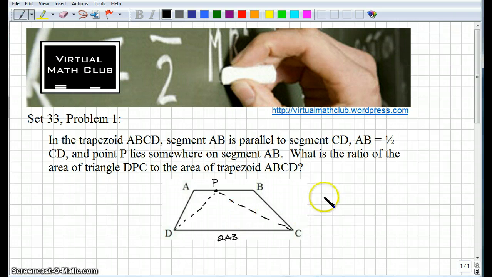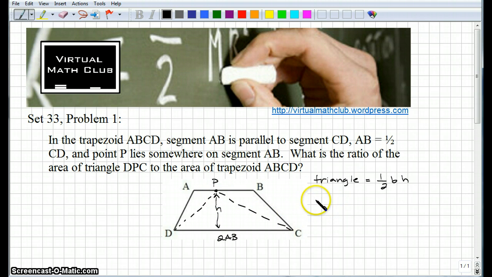And, alright, so we know the area of a triangle. The formula for it is 1/2 times the base times the height, right? Let's call the height here h. That's the distance here.